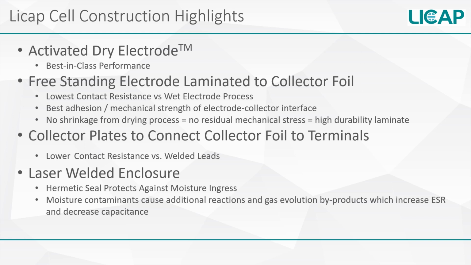Number 3, the use of metal collector plates versus welded wire leads further lowers contact resistance, resulting in lower ESR. And lastly, the use of laser welded hermetic enclosures ensures that there is no ingress of moisture or other contaminants that could deleteriously affect performance characteristics.